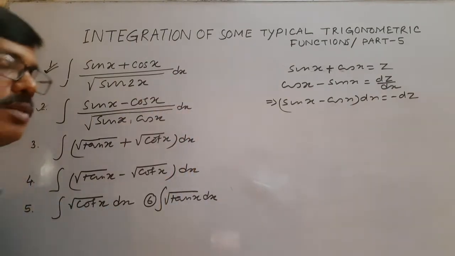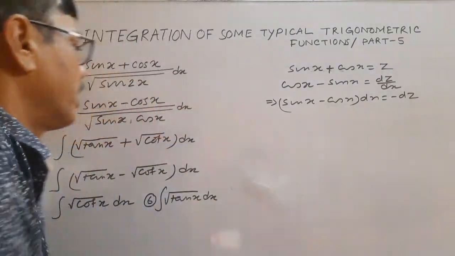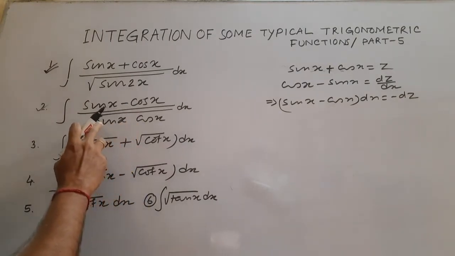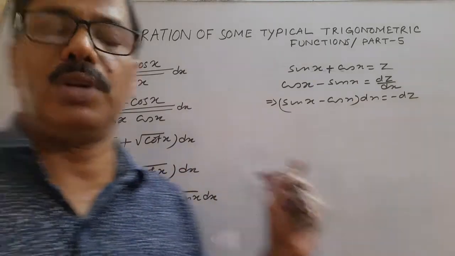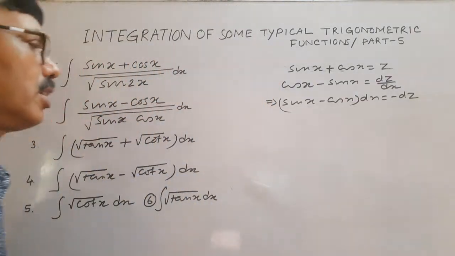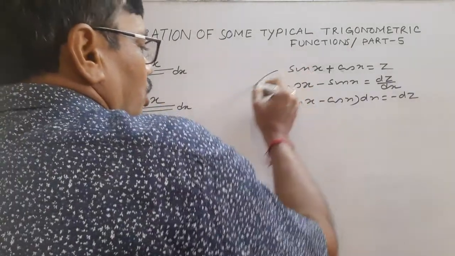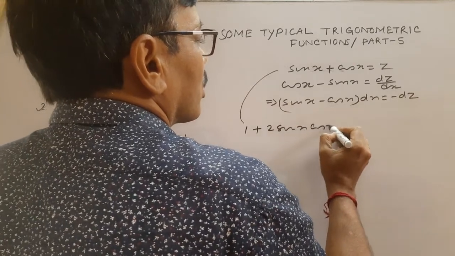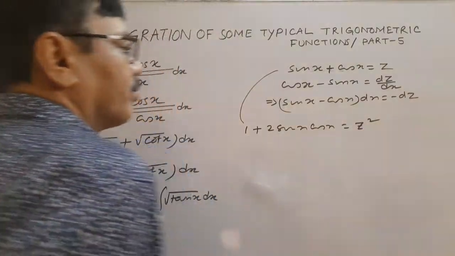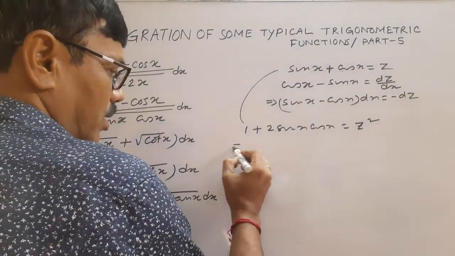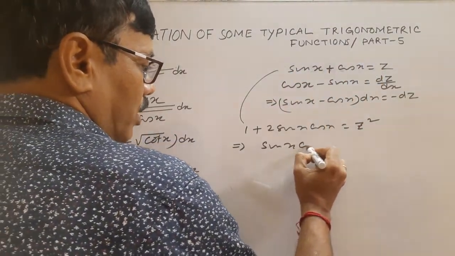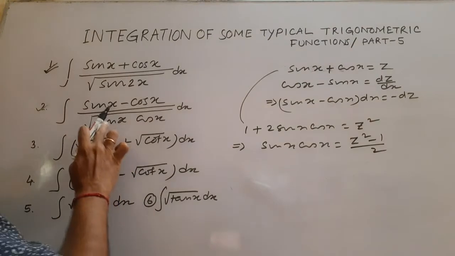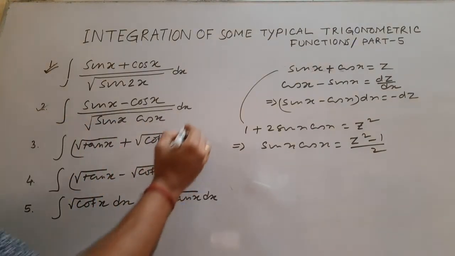So this is our main aim, to express the numerator in terms of z. And the second is whether it is possible to express sin x into cos x in terms of z. So taking the square, 1 plus 2 sin x cos x equals z square. So sin x into cos x equals z square minus 1 by 2, because here there is only sin x into cos x.